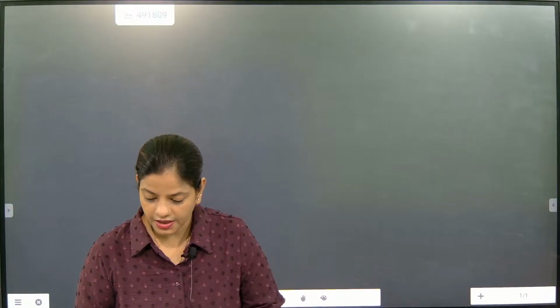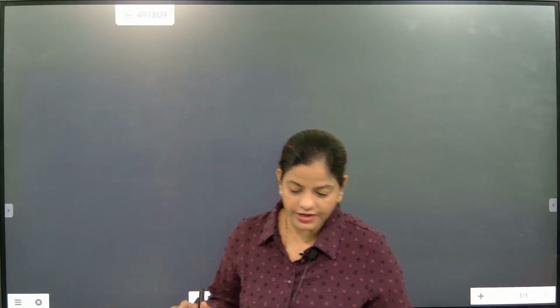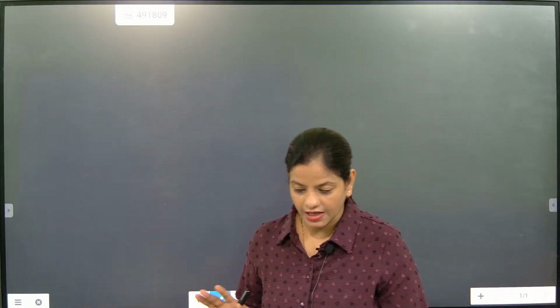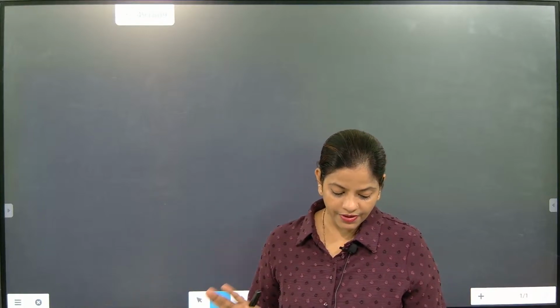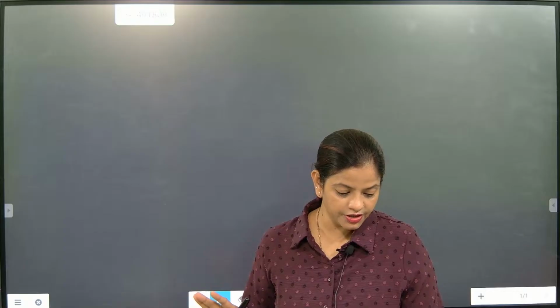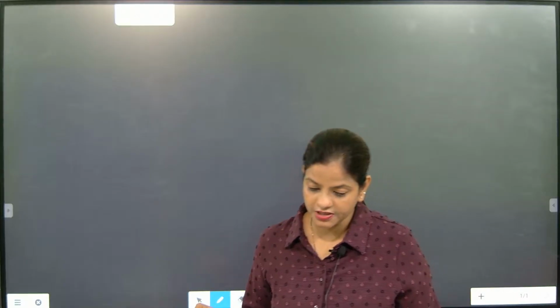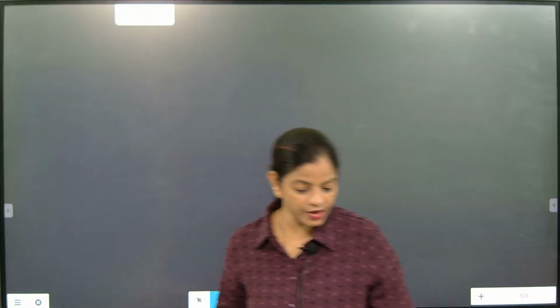So let's start the class. The first few questions we did in the last class, and today we are going to proceed with the same part. One by one I'm going to explain all the questions. First we will discuss the NCERT questions, and then other questions.